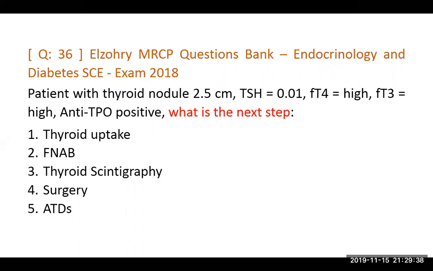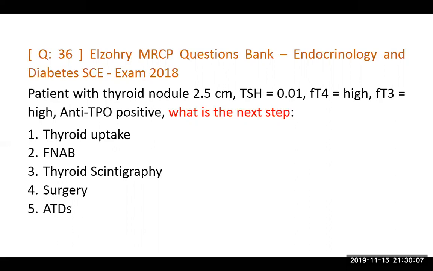It just gives us a number, for example 10%, which in our locality means high uptake. So toxic nodule will give 10, Graves' disease will give 10, toxic multinodular goiter will give 10, and so on. But thyroid scintigraphy will give us the nature of this nodule. Is it a hot or cold or warm nodule? So thyroid scintigraphy is the best option here.